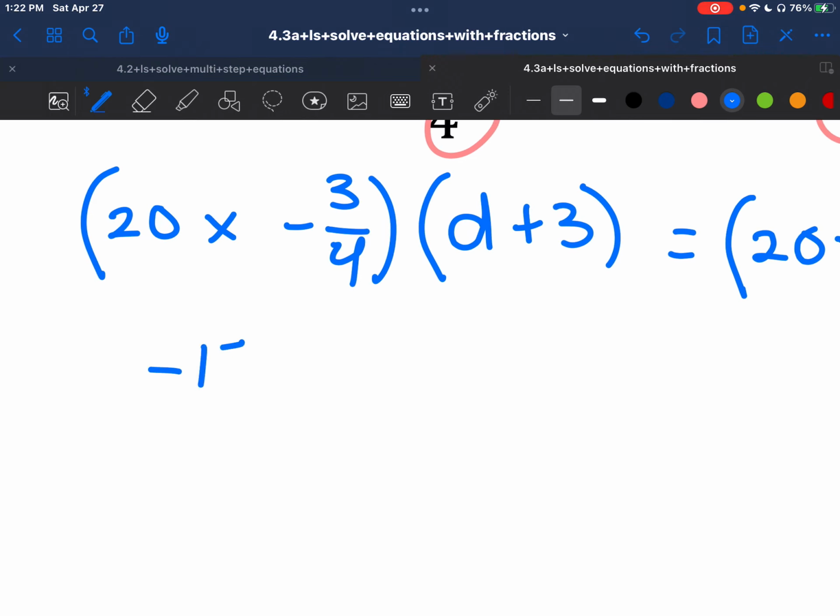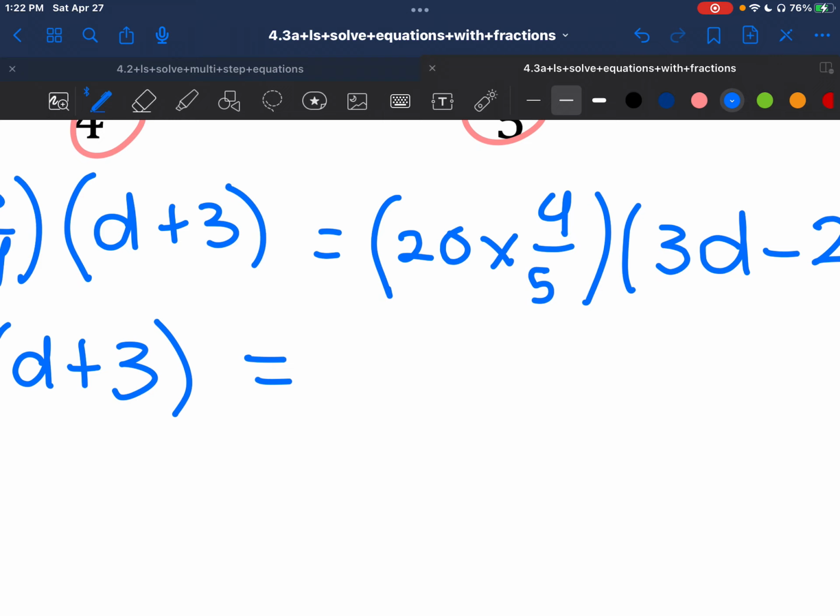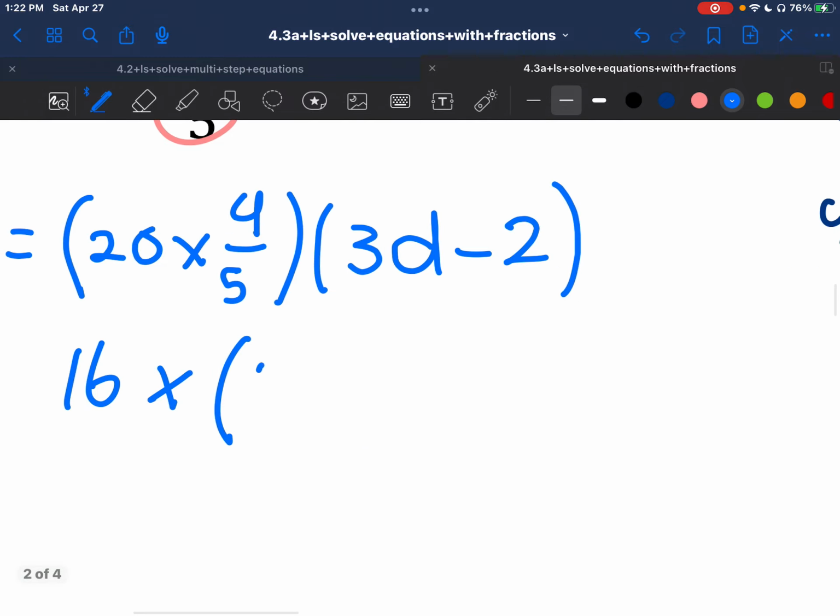So let's see, 20 times 3 divided by 4, we're going to get 15, so negative 15 times d plus 3 equals, and then 4 fifths times 20 is 16, times 3d minus 2.